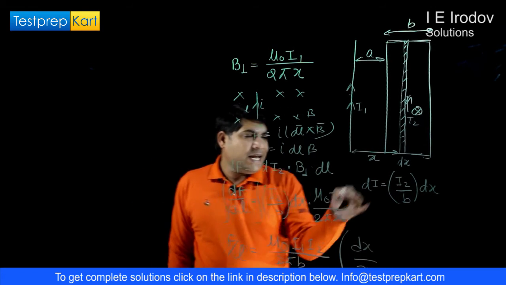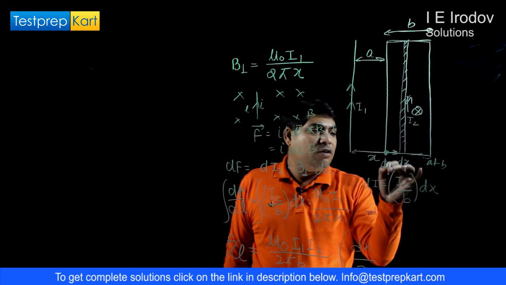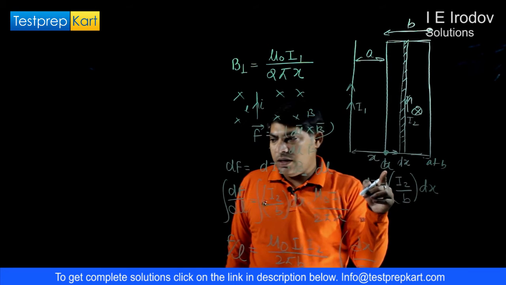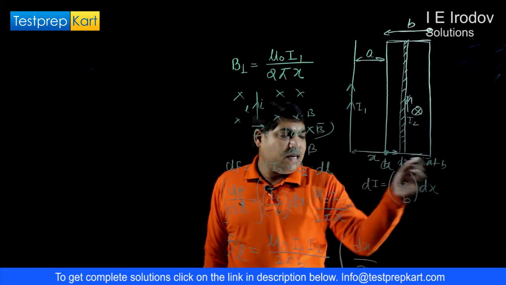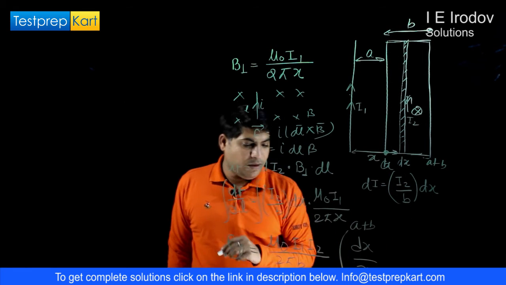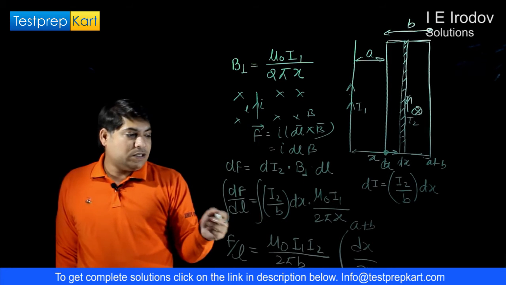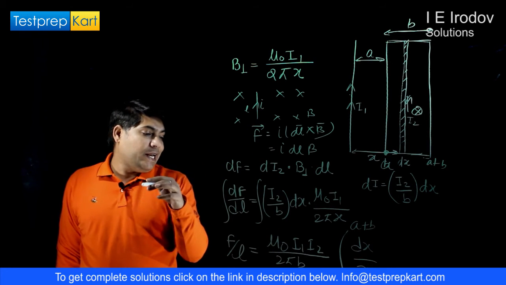Now this x is changing from A to A plus B. This coordinate is A and the second coordinate is A plus B. The integration of dx over x is ln x.